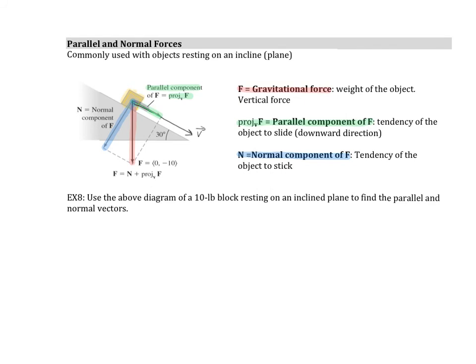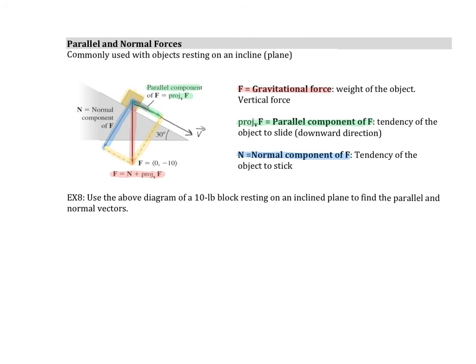Notice that if I look at the green and the blue shaded, the projection and the normal vector, and we go back to our vector addition with the parallelogram, and I add the normal vector, which will use n, and the projection vector, I add them and I get my force vector. So the force vector is simply the normal vector plus the projection vector.